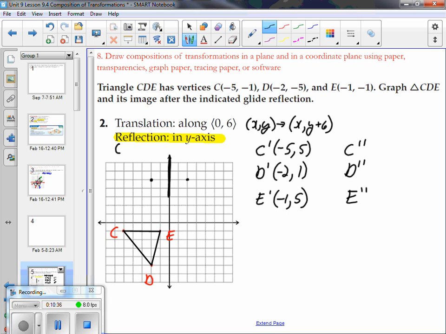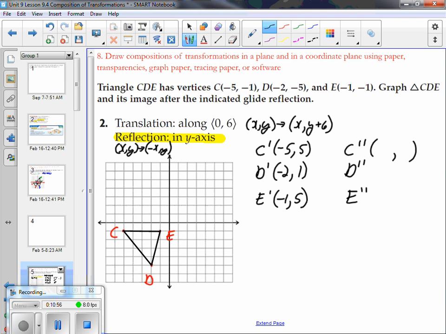So to do the reflection, the ordered pair (x, y) becomes the ordered pair (-x, y), right? So even though I forgot the rule, I just remembered the rule. And now I know what to do to get these coordinates.